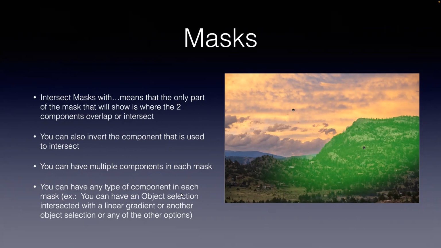I also wanted to point out that you could have different types of combinations. I showed you just a couple using luminance, but you could use luminance along with a radial. You could use a linear along with a radial, or along with an object selection. So you can choose whichever combination works for your particular image.